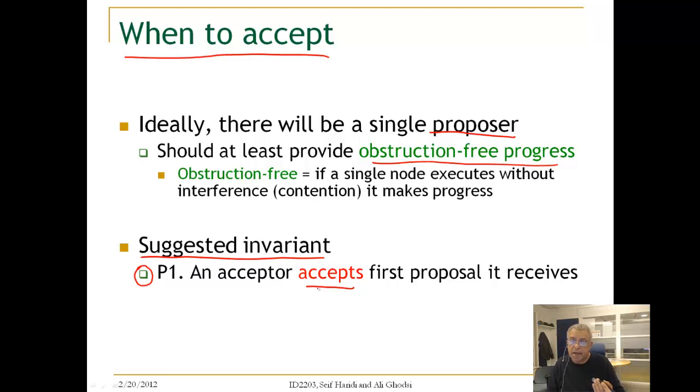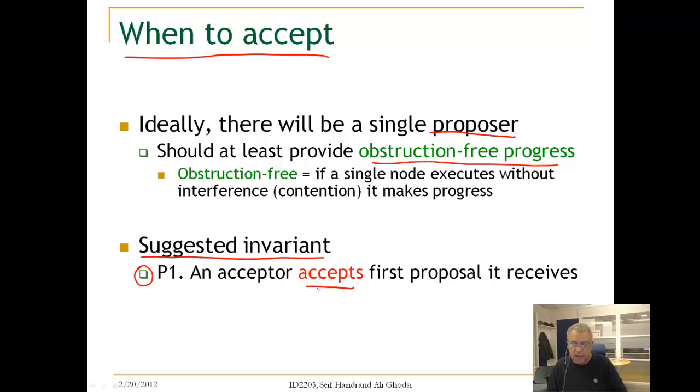If there is a single leader and an acceptor accepts the first proposal it receives, then we will have a majority of acceptors accepting the value proposed by that leader, and that will be the value chosen. Of course, that will guarantee progress.